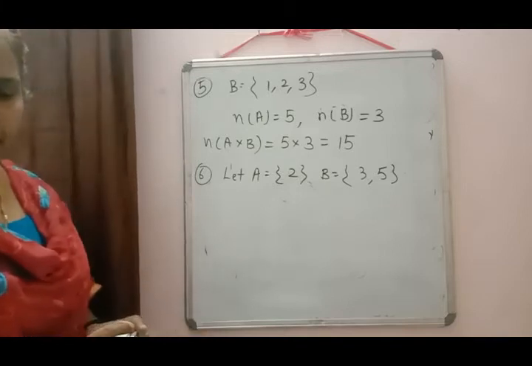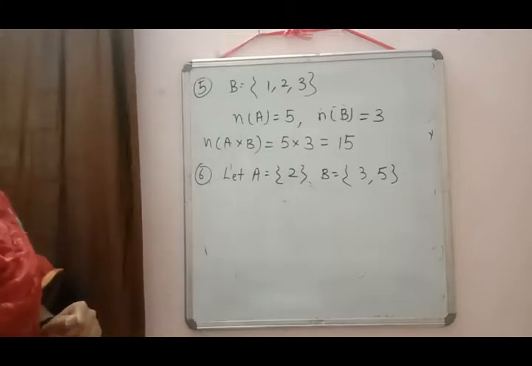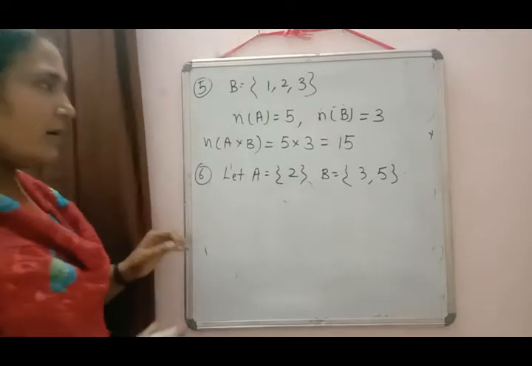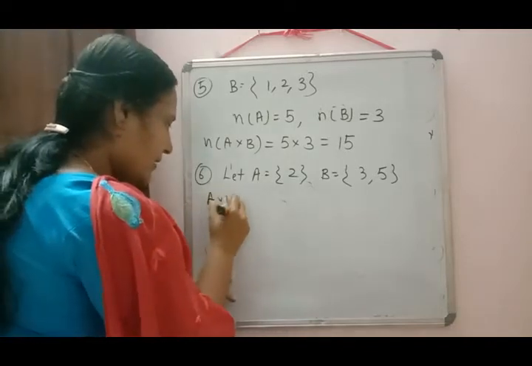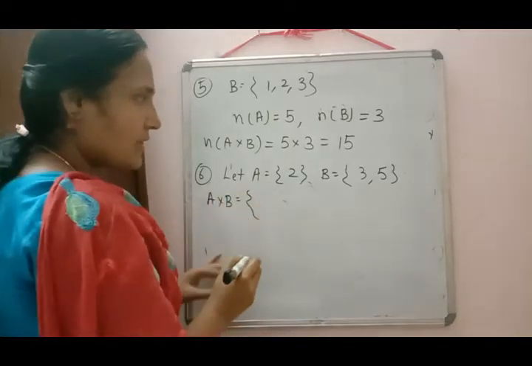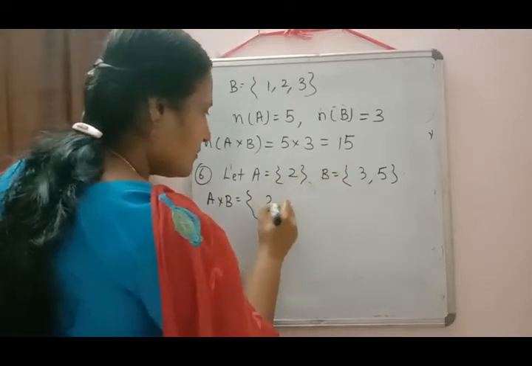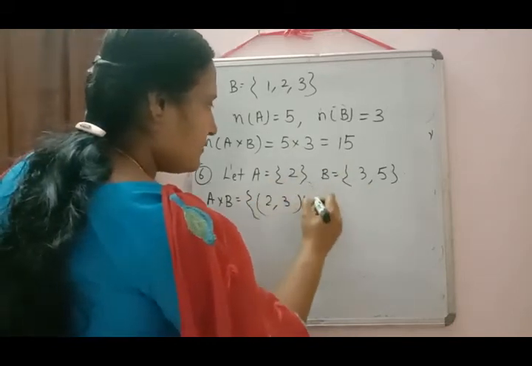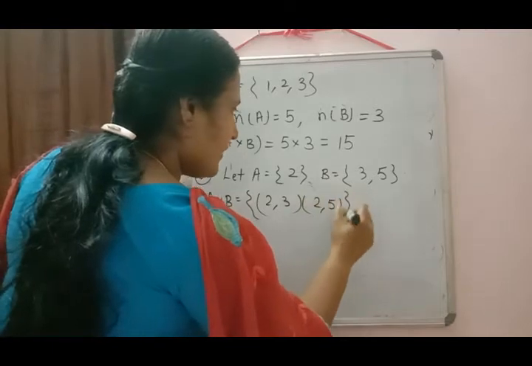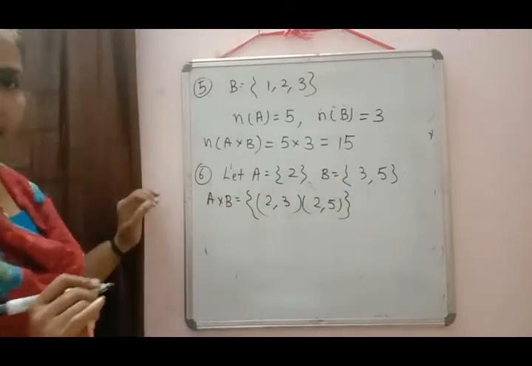List them. So first we have to write what will be A cross B. So I am writing here A cross B is equal to, what will come? Yes, 2 comma 3 and then it will come 2 comma 5. Only 2 elements will be there. Okay.